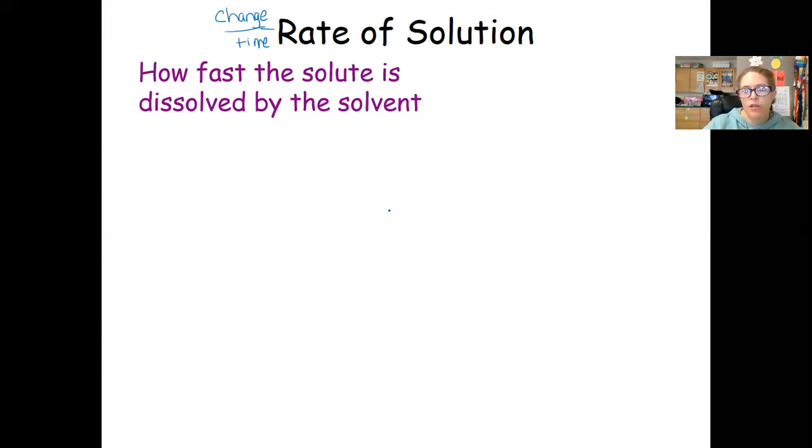And so the rate of a solution is how fast the solute is dissolving in the solvent over time. So the less time it takes to dissolve something, the faster the rate, right? Just like if I drive 70 miles an hour, that is faster than 65 miles an hour, I can get somewhere in less time, but don't speed. Please be a safe driver.